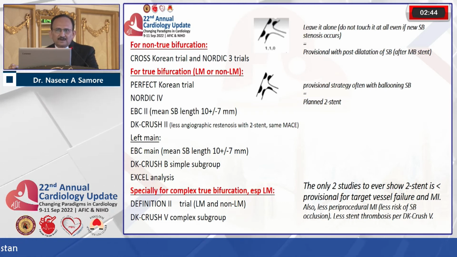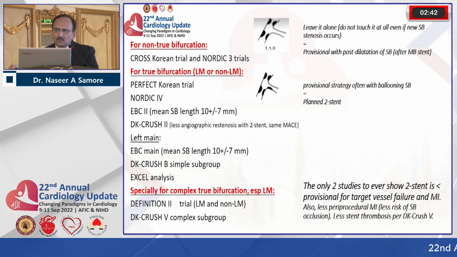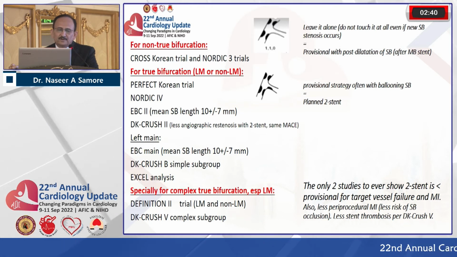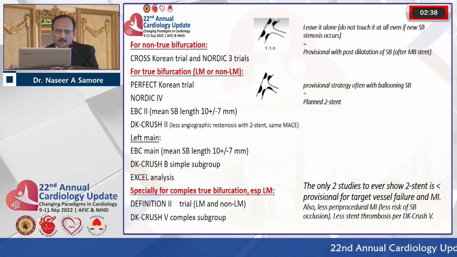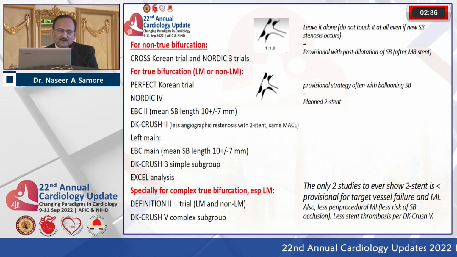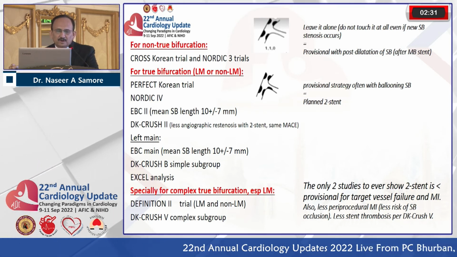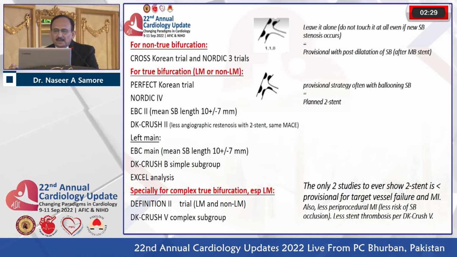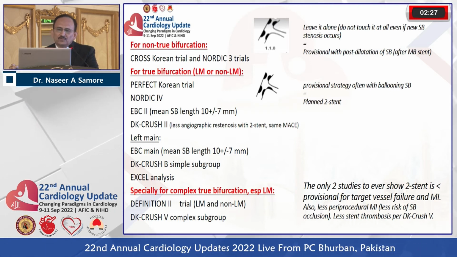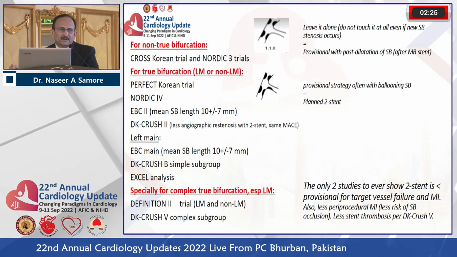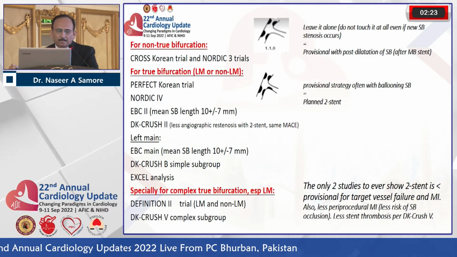There was no clear-cut difference in the acute and long-term outcome of the two approaches. Similarly, a few trials were done in the left main, which were also true bifurcations, and there too they could not show a superiority of the two-stent technique over the provisional technique.